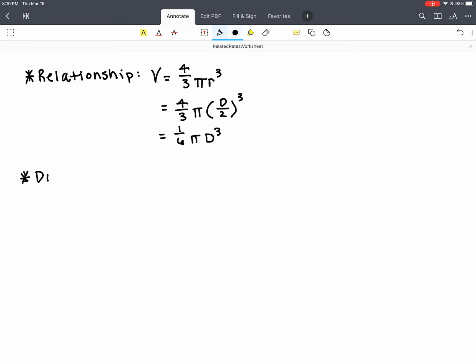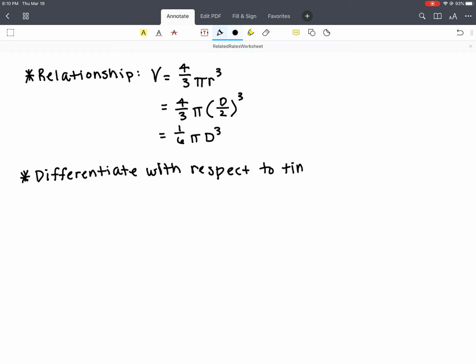So next, we want to differentiate with respect to time. So let's see. Derivative of V is just 1, and it's changing with respect to time, so it's 1 times dV dt, which is just dV dt.